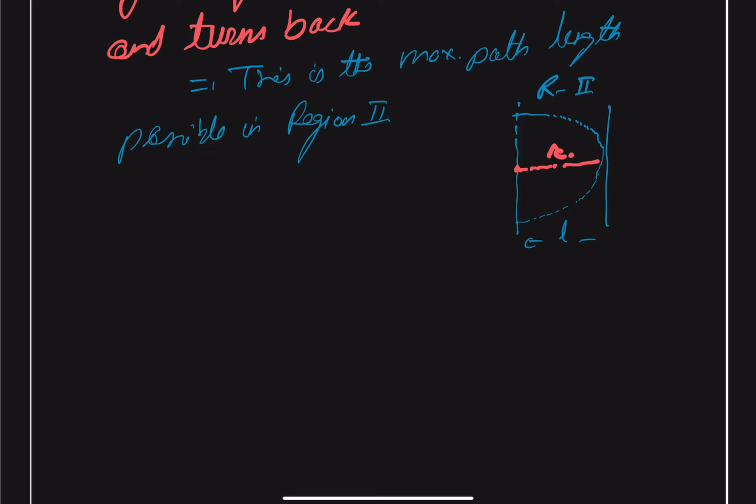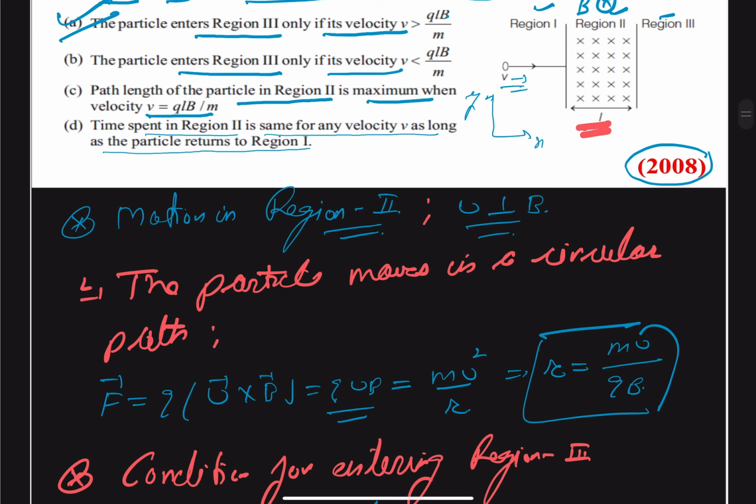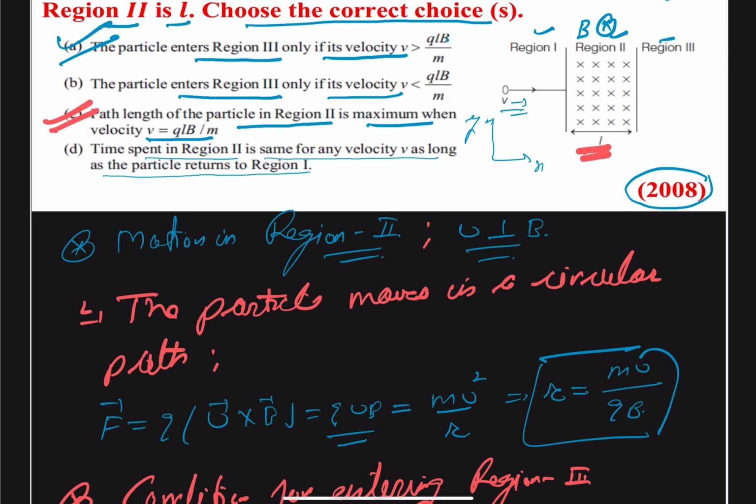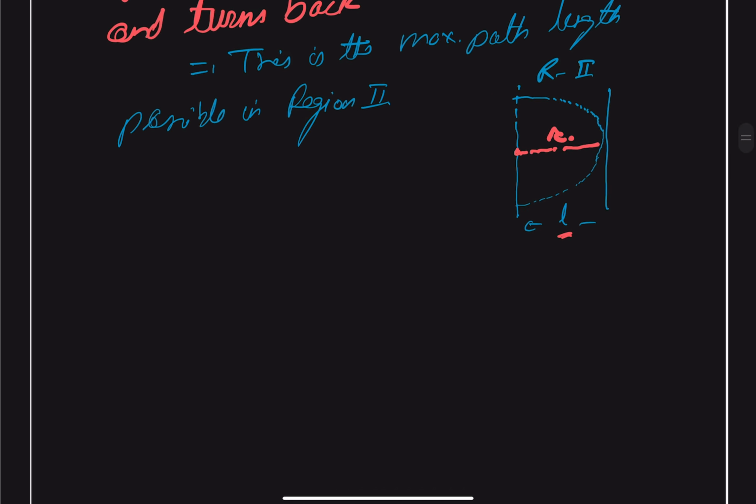If the radius is just equal to the length, then it is going to just graze the region 2 boundary wall on the right side and turn back and come back, so option C is the correct one. Option C is correct.